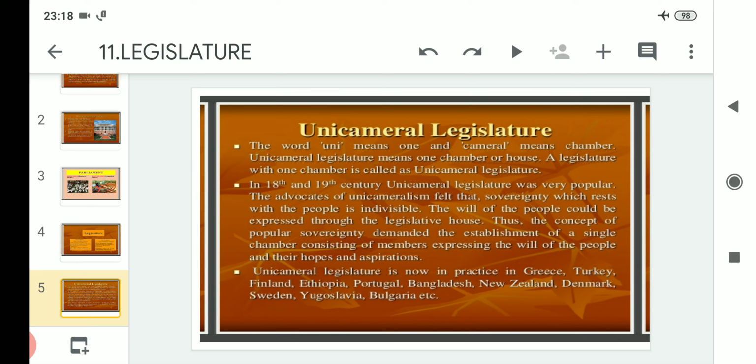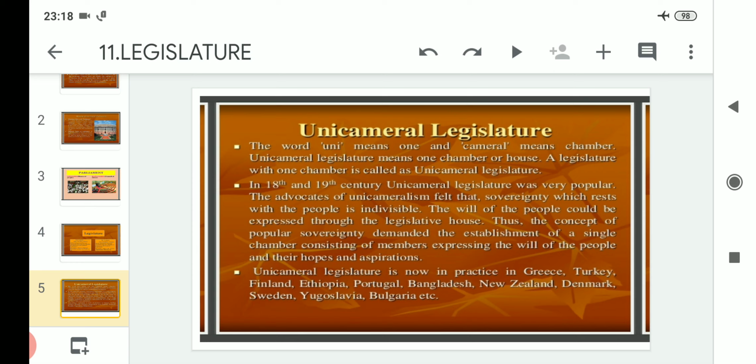So unicameral legislature is now practiced in Greece, Turkey, Finland, Ethiopia, then Portugal, Bangladesh, New Zealand, Denmark, Sweden, Yugoslavia and Bulgaria.